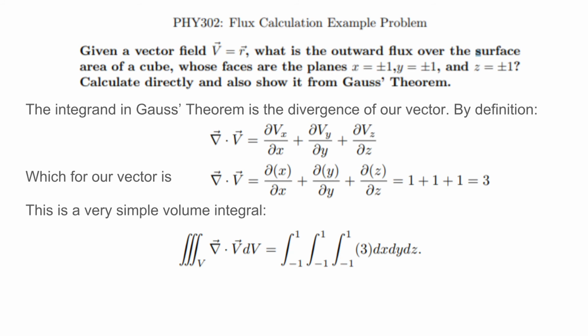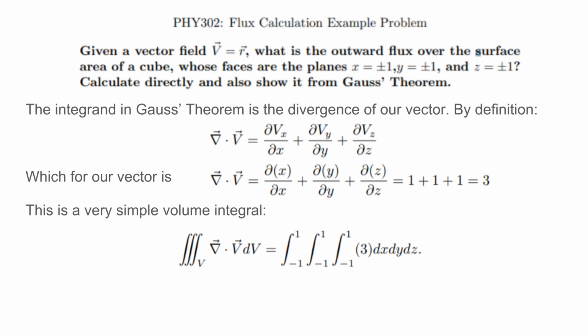The formula for the divergence is here. We take the x derivative of the x component of our vector, the y derivative of the y component, etc. For our vector, that becomes 3. The divergence is 3, so this becomes a really simple volume integral.